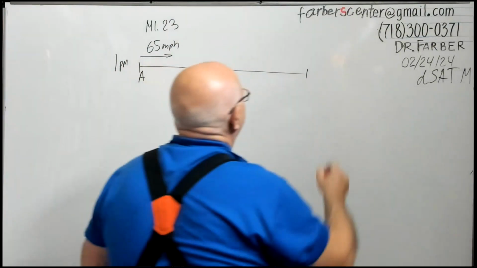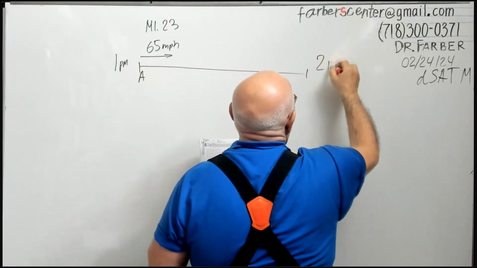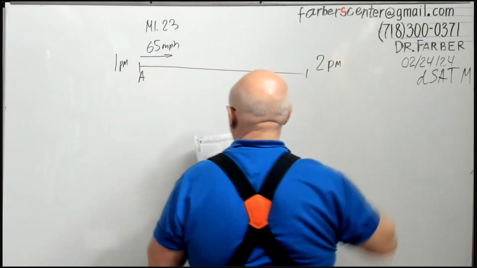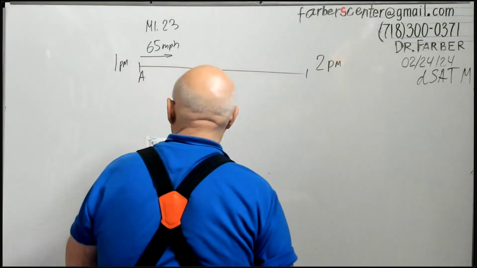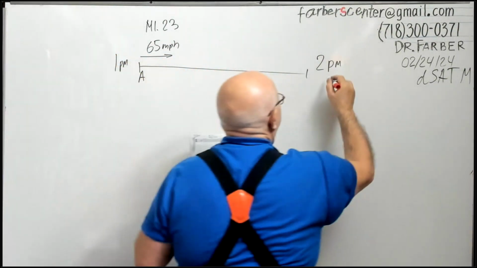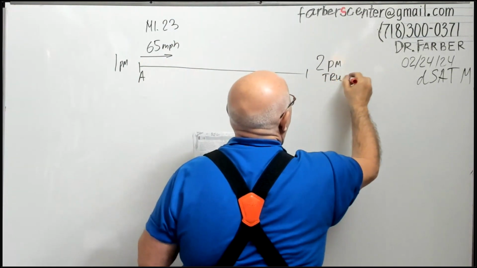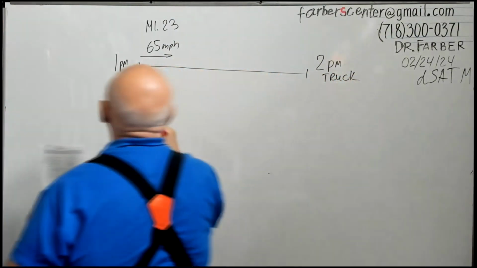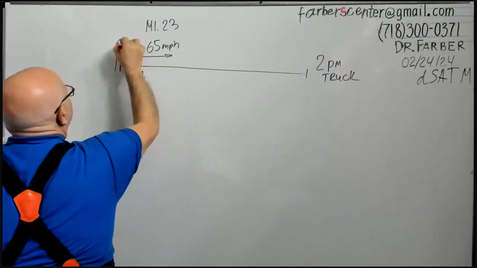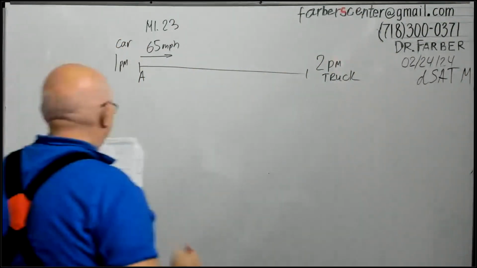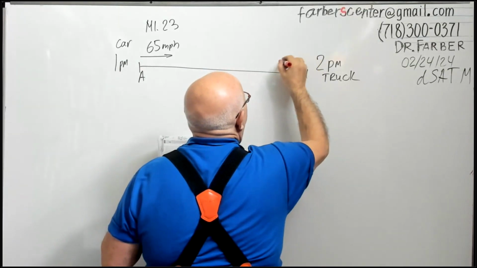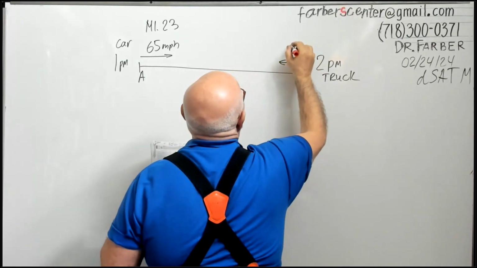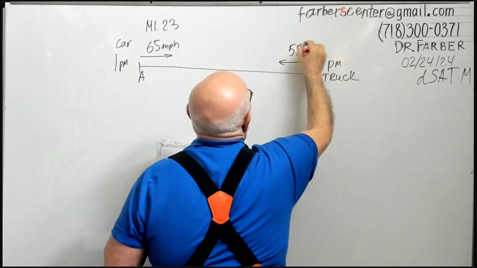And at 2 p.m., going right back, is 55 mph. This is the truck, and this is the car. The rate of the truck is a little bit smaller, 55 mph.